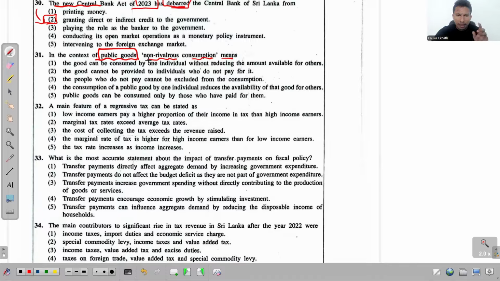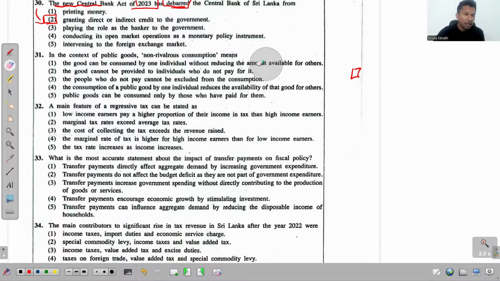So this question is about the non-rivalrous nature of public goods. What's the meaning of public goods being non-rival? Non-rival means if one person consumes the public good, that doesn't reduce the availability of the good to others.